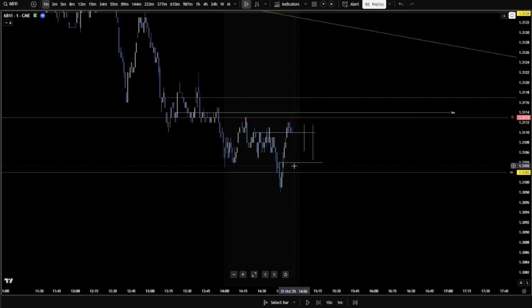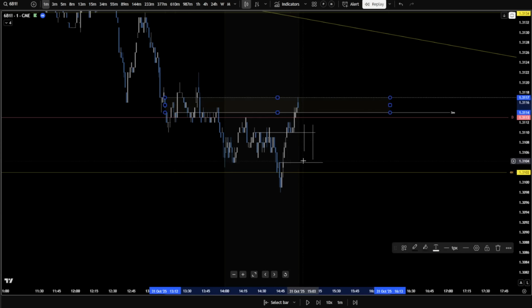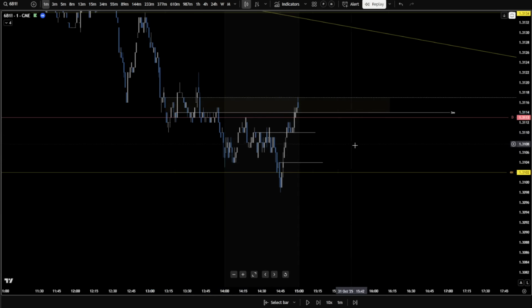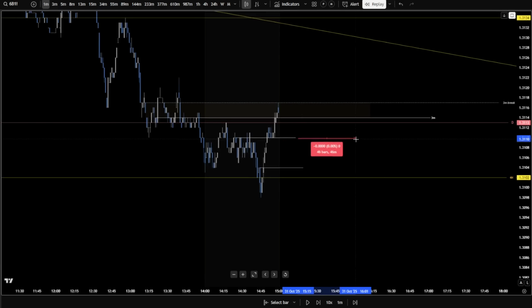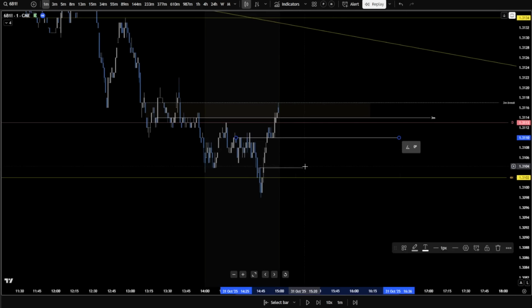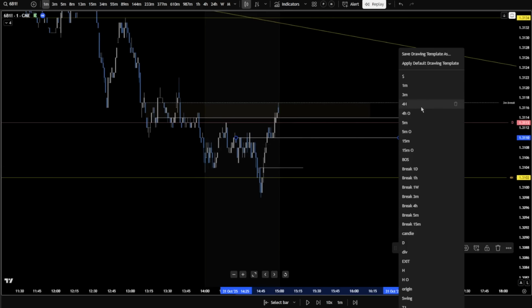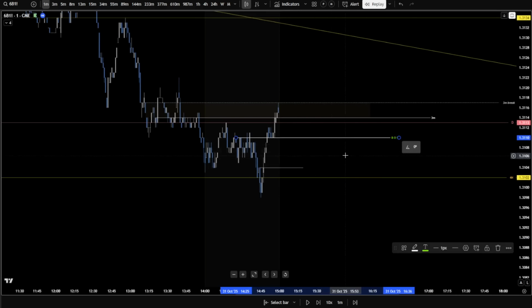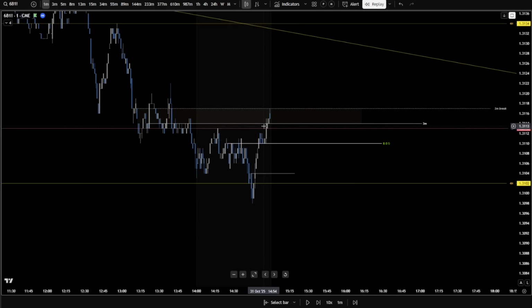This is a valid entry for now. Once the price is inside the 3-minute range over here, another option opens, so this becomes a possible entry because it was the break of structure.